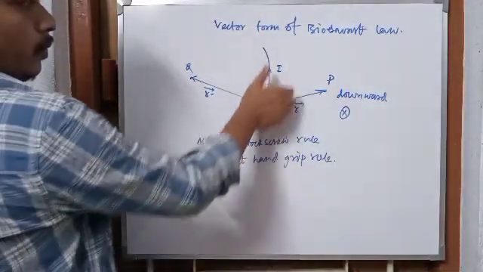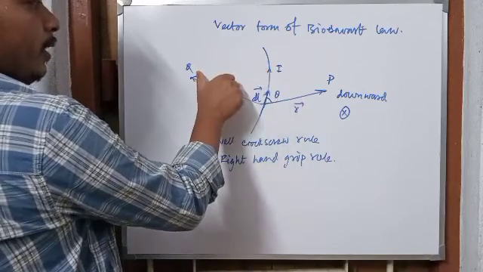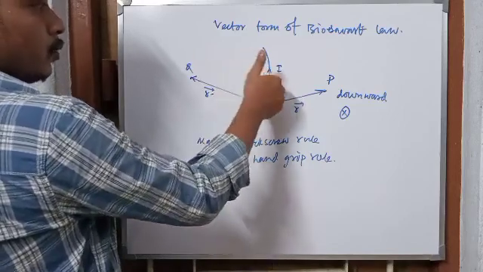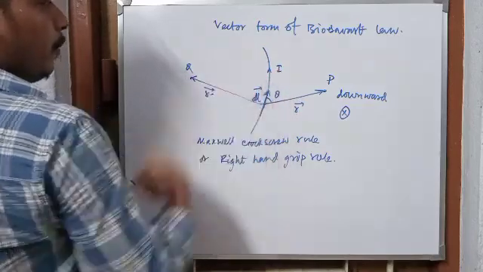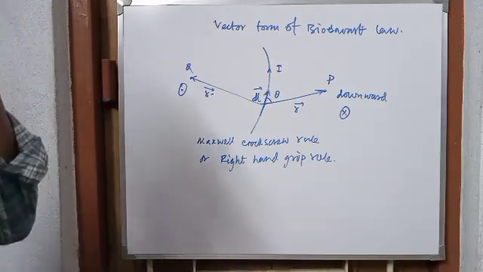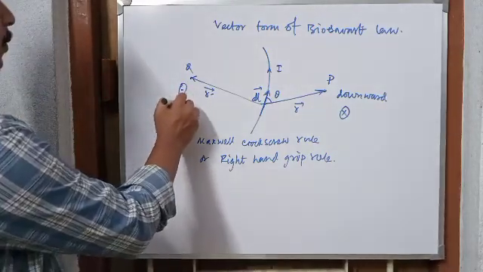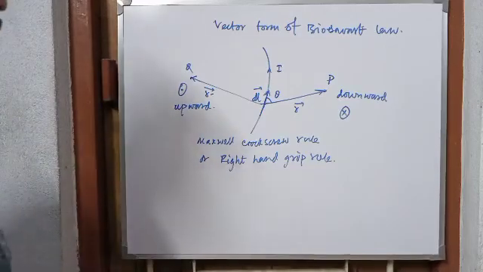This is the direction of current, so we have to find the field at that point. Here the fingers are perpendicularly upwards, so this will be a dot. Perpendicular upward means we use dot, and perpendicular downward we use cross.